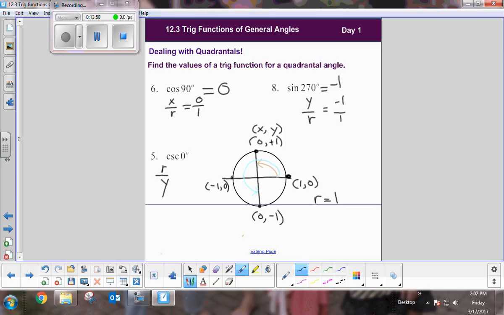What's r? r is always 1, but what's y? 0. So what is that? Undefined or indeterminate. We good? Go on to the next page.